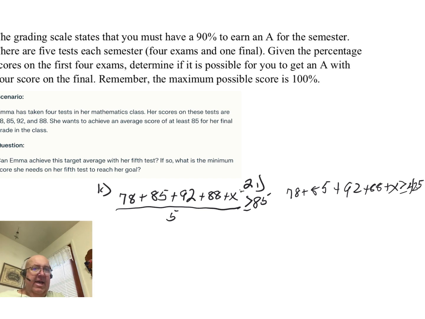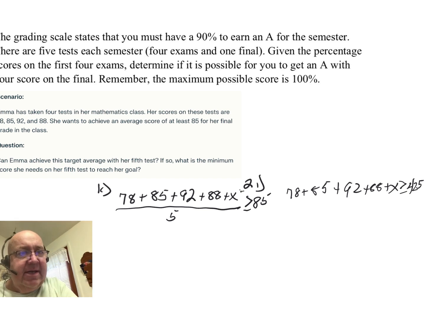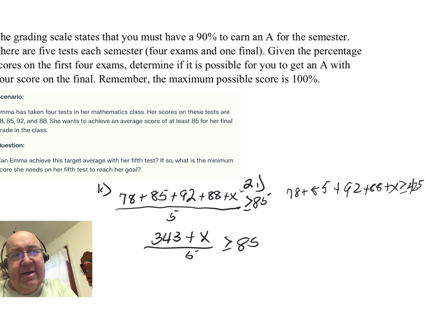So as I add this up, 78 plus 85 plus 92 plus 88 is going to equal 343. So we're going to get (343 plus x) over 5 is greater than or equal to 85.